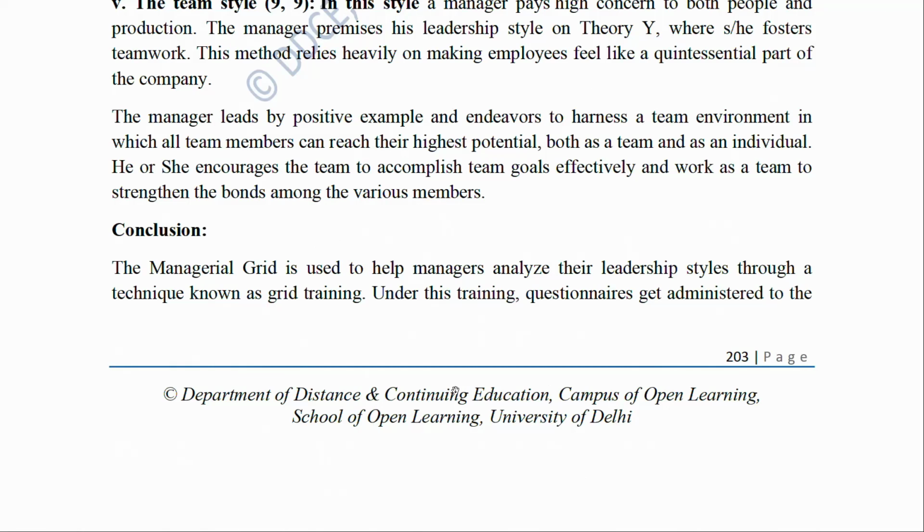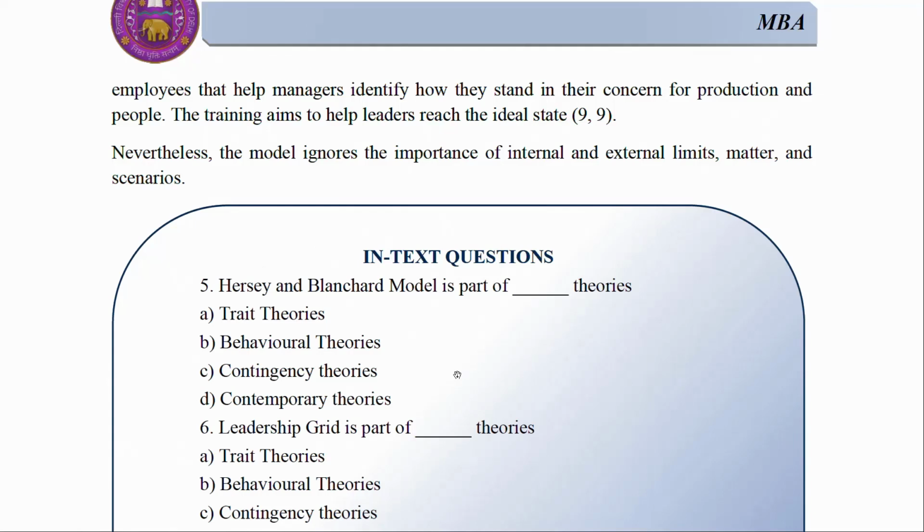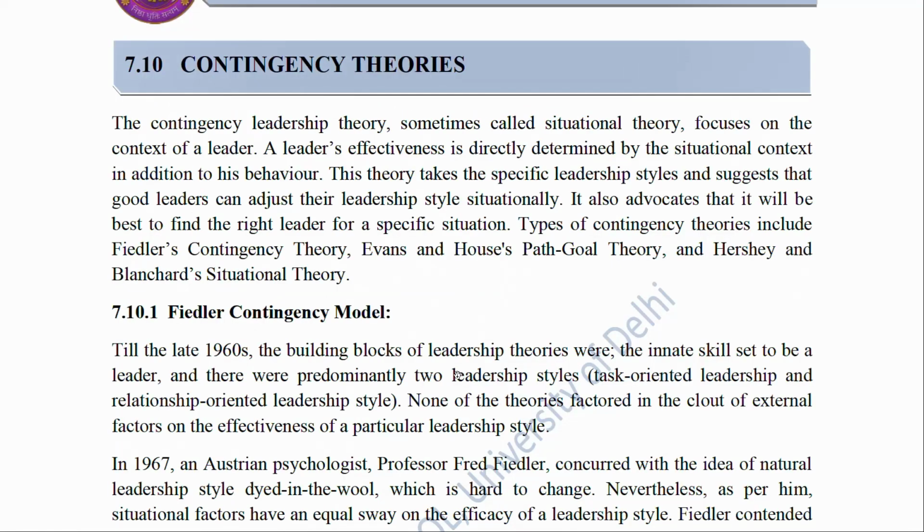Under this training, questionnaires get administered to the employees that help managers identify how they stand in their concern for production and people. The training aims to help leaders reach the ideal state, that is 9,9. Nevertheless, the model ignores the importance of internal and external limits, matters, and scenarios.